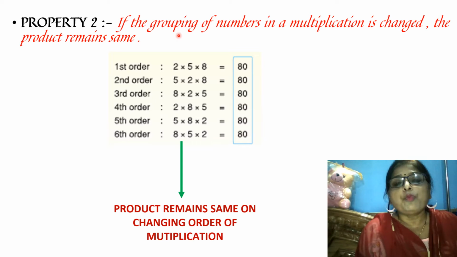It means the grouping of numbers is changed, but there is no change in the product. All the products are the same. So you can conclude that the product remains the same on changing the order of multiplication.